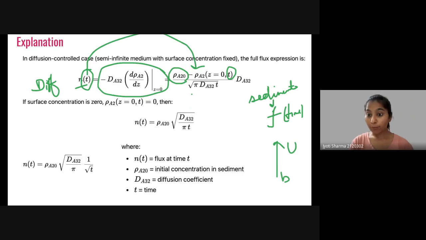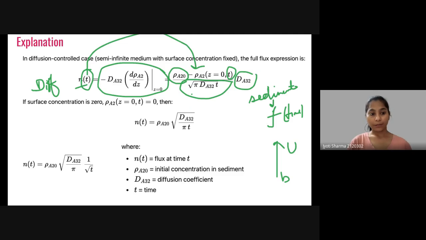If it is moving from the bottom to the upper side of the sediment, there are a lot of factors that we have to consider. How it will move from the bottom to up depends on a lot of things, and that's how here we have this term, square root of pi D_A32 t. And here also we have the diffusivity term, and this diffusivity also has a lot of factors that we already have considered.